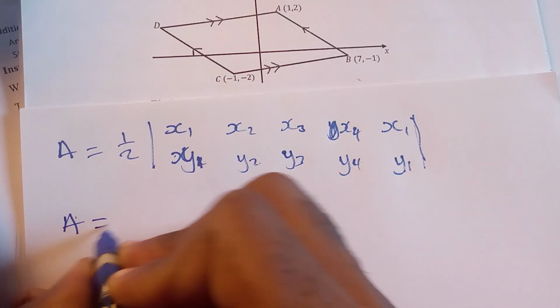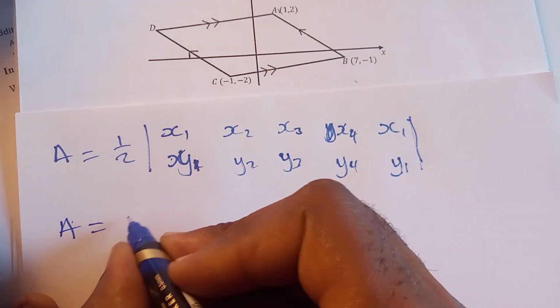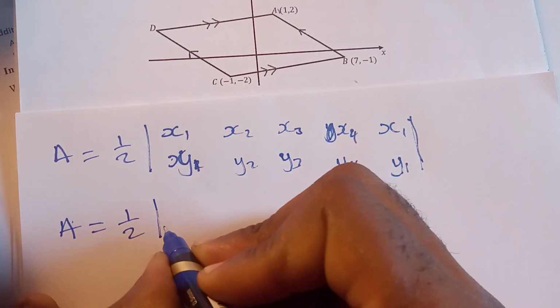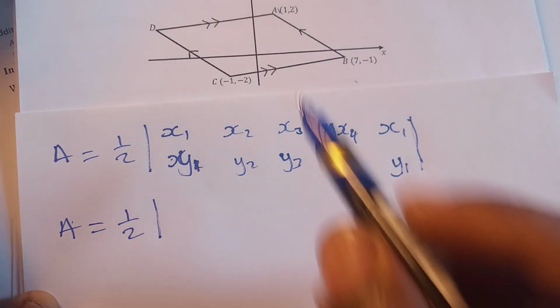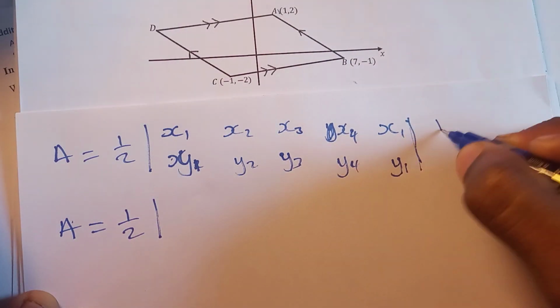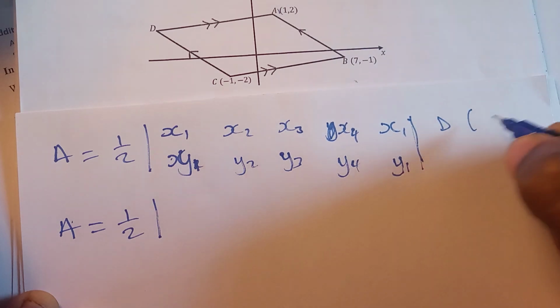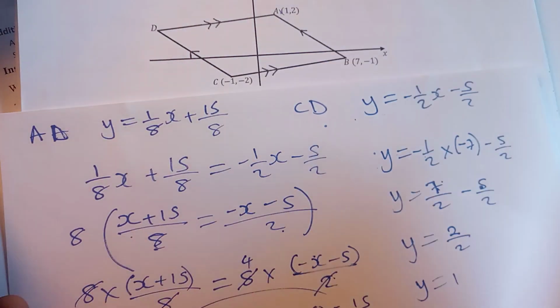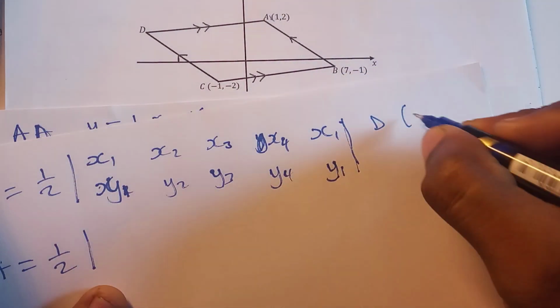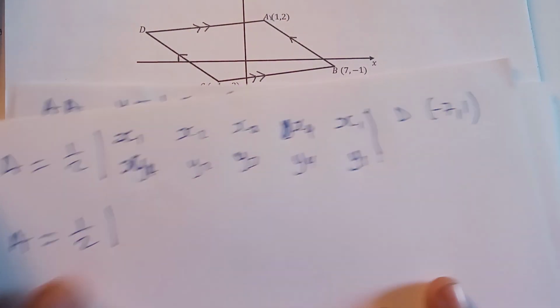So I'll start with A. It doesn't matter which coordinates you start with. You can start with this, you can start with that, as long as you are moving in an anti-clockwise manner. And then I think our D is negative 7, 1. Yeah, this is negative 7, 1.